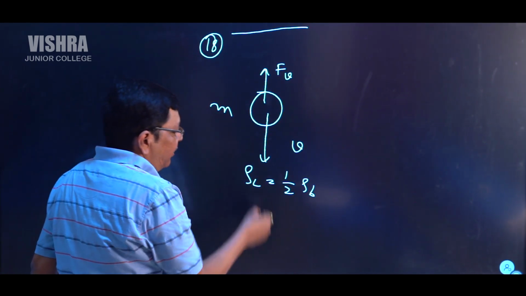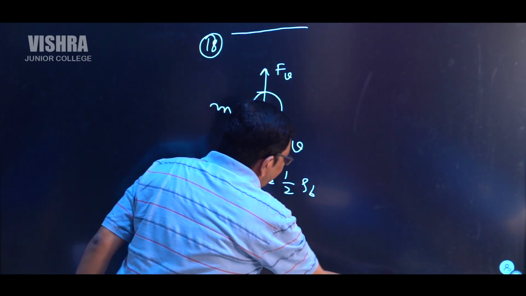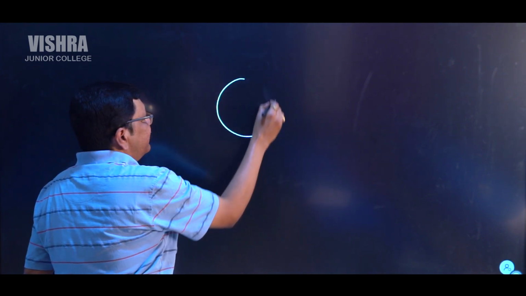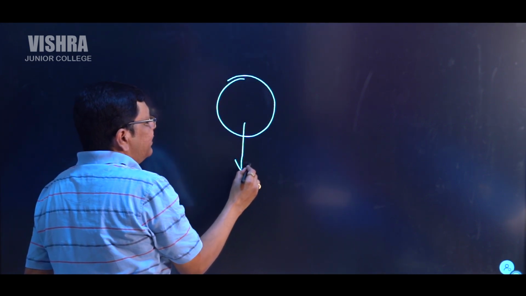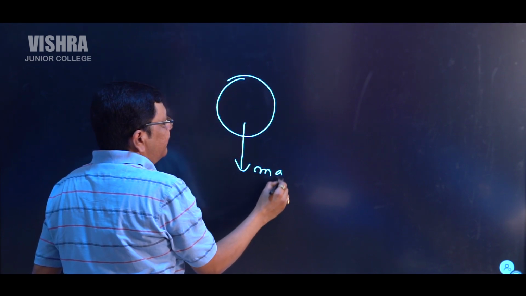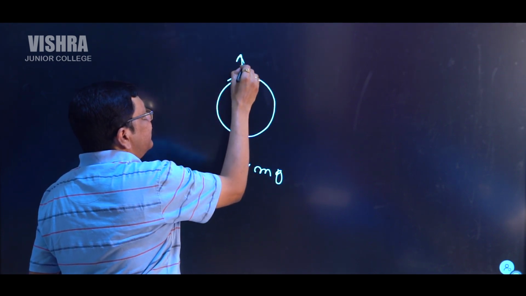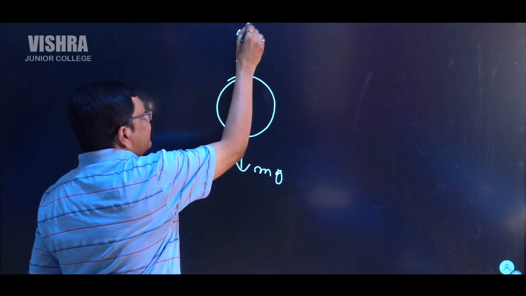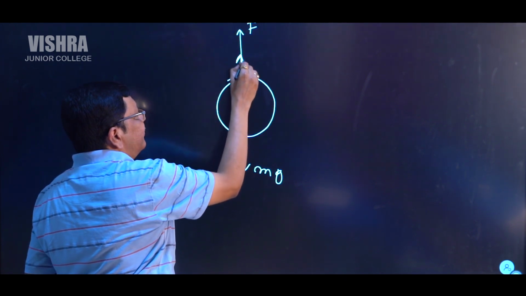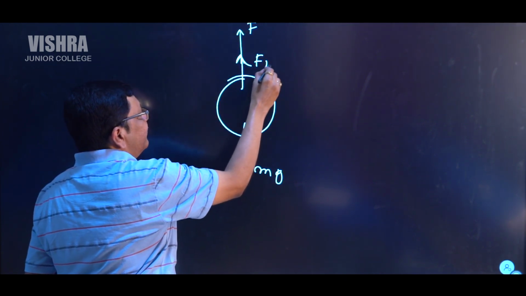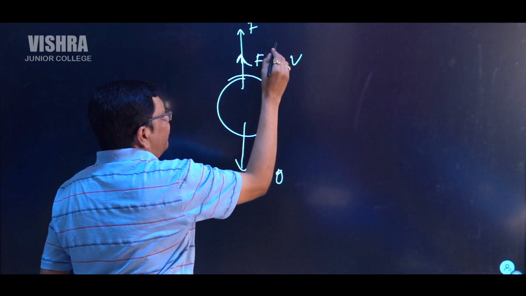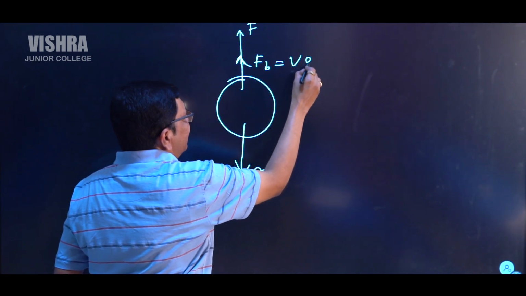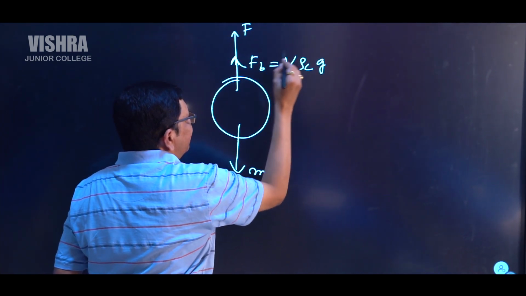So when the body is moving in the liquid, let me go through the forces acting on it. One is the gravitational force mg, and next are the buoyancy force and the viscosity force. Let us imagine the viscosity force is F. Then the buoyancy force is the volume of the body times the density of the liquid times g.